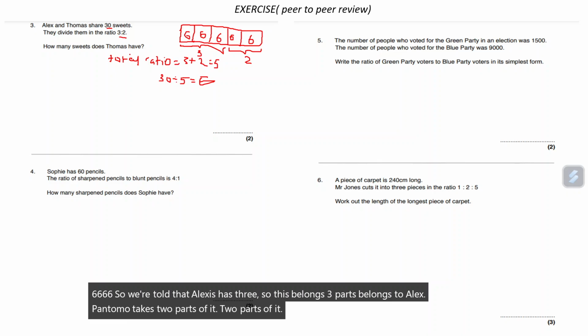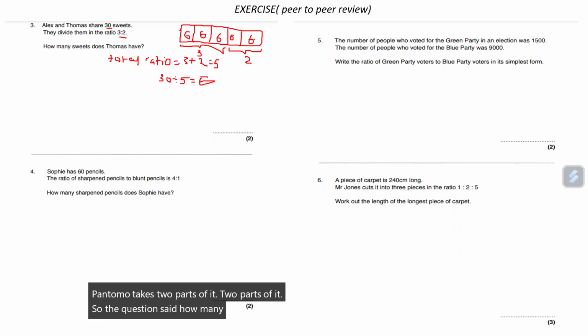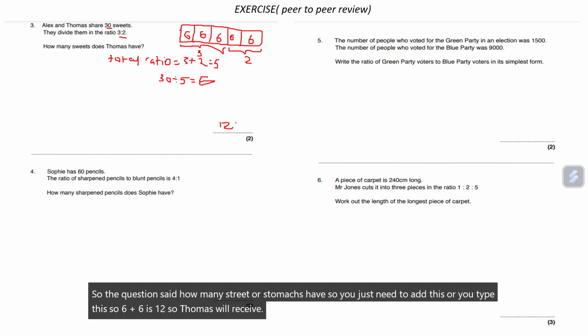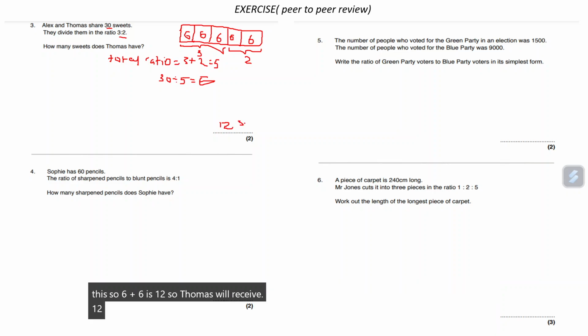So the question says how many sweets does Thomas have? So you just need to add these. 6 plus 6 is 12. So Thomas will receive 12 sweets.